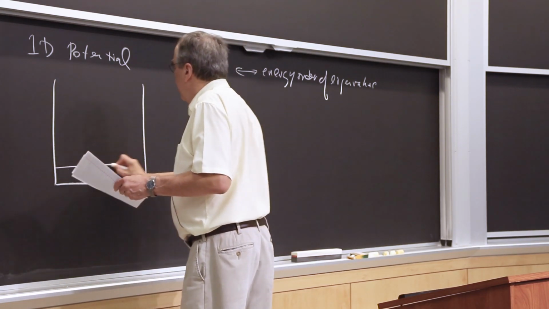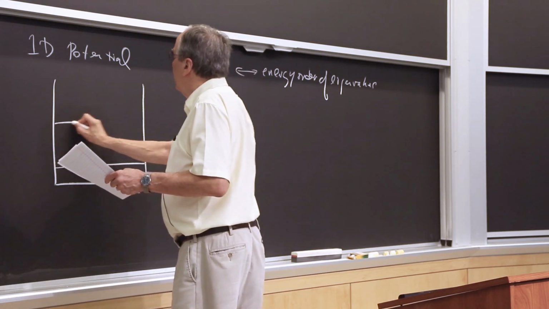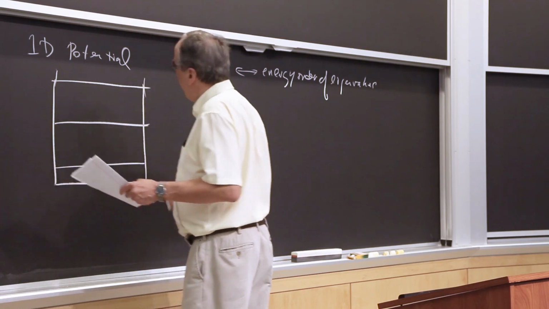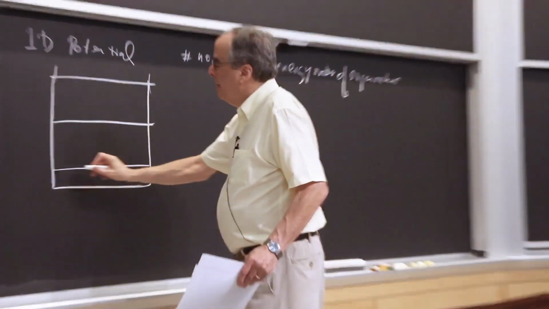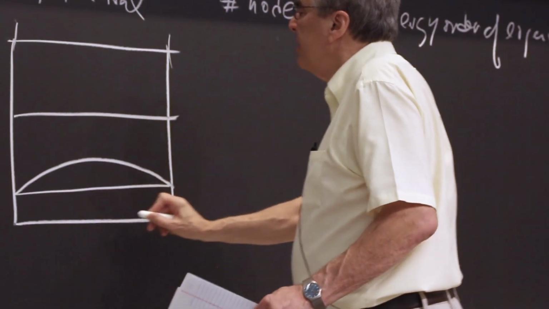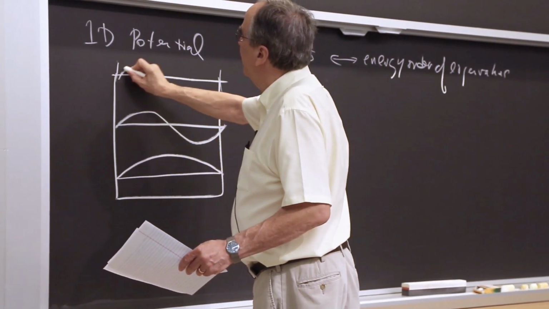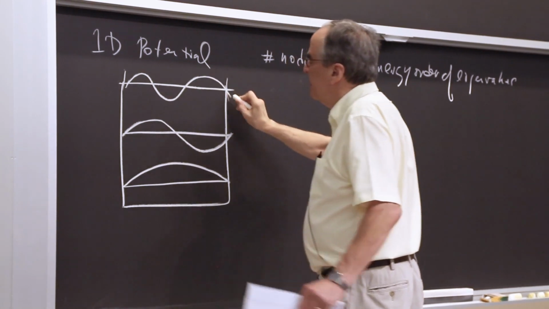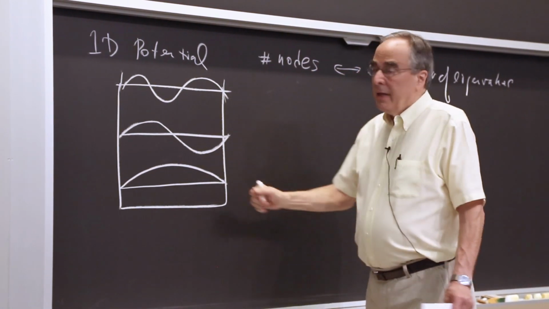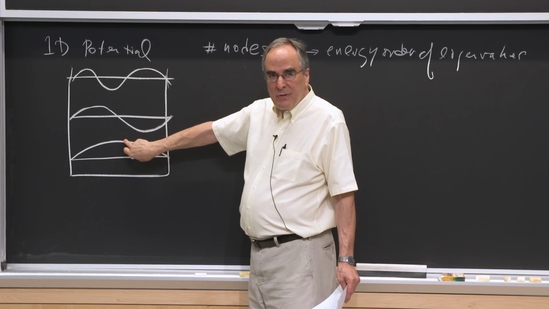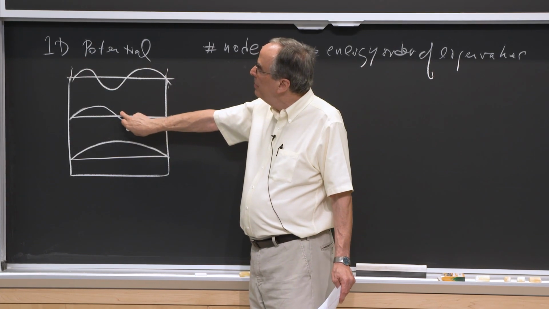Okay, now, here is the picture that you use to remember everything about a particle in a box. The wave function looks like this, and the next wave function looks like that, and the next wave function looks like this. So no nodes, 1 node, 2 nodes.